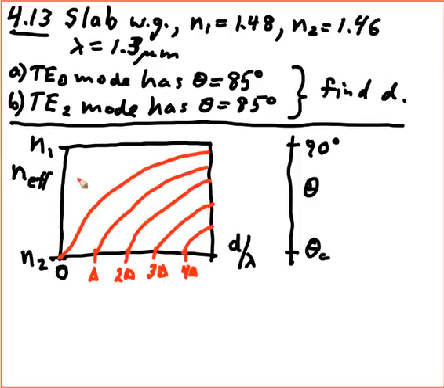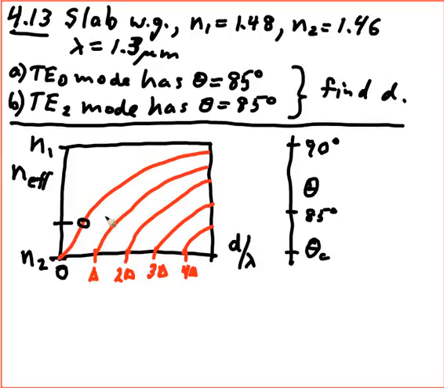And we know that the relationship between the effective index and the zigzag angle is fixed, and so that allows us to convert between them. So basically, given this zigzag angle, we can visualize that as a particular n effective. If I say the zigzag angle is 85, that may correspond to a particular n effective value.